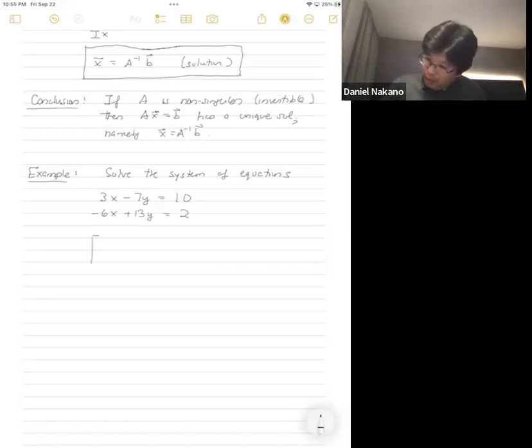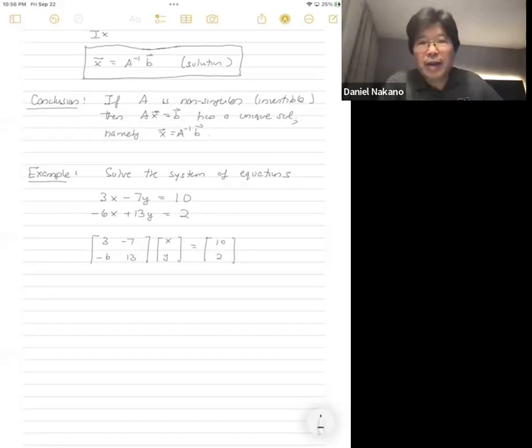The more compact form is the matrix [3, -7; -6, 13] times the vector (x, y), and that's equal to (10, 2). So this is Ax equals b. Now, question, is A invertible?